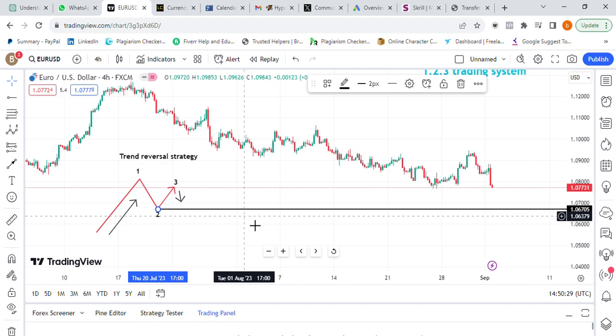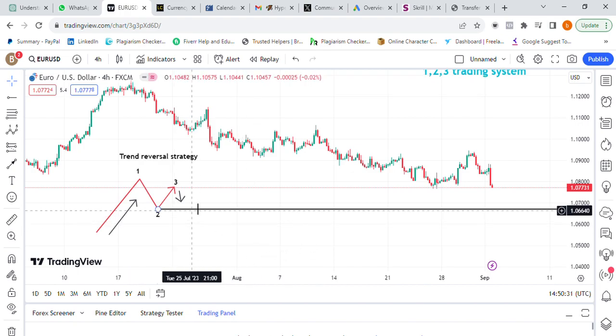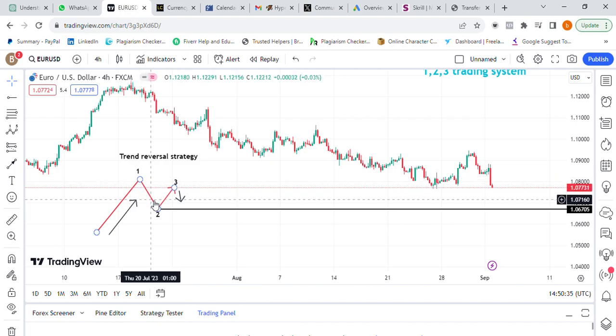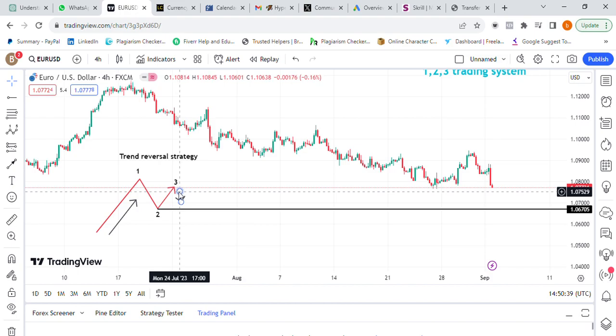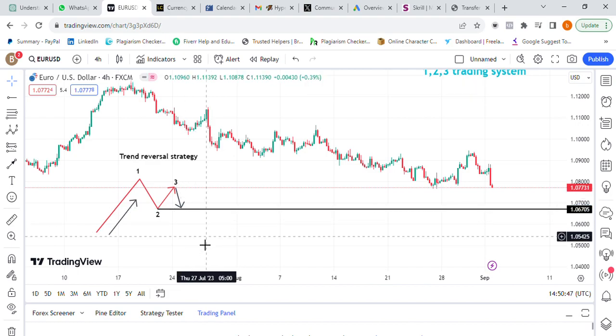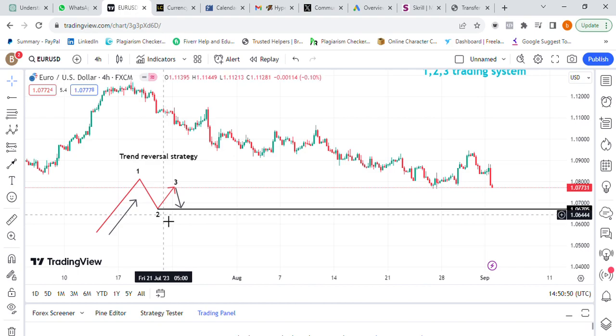Why do we mean point of entry? The market is in an uptrend: point one, comes down, point two, goes up to point three. Now the market is making another trip downwards. This trip downwards, if it closes below point two, this is a trigger.